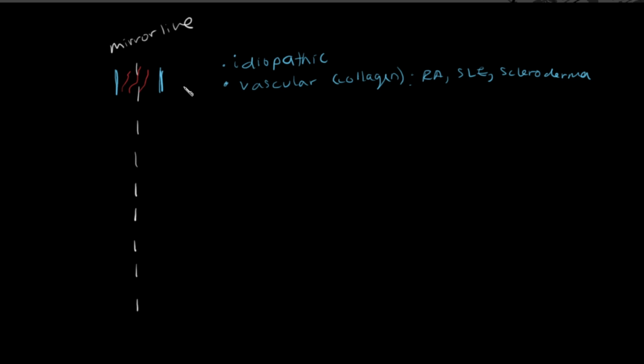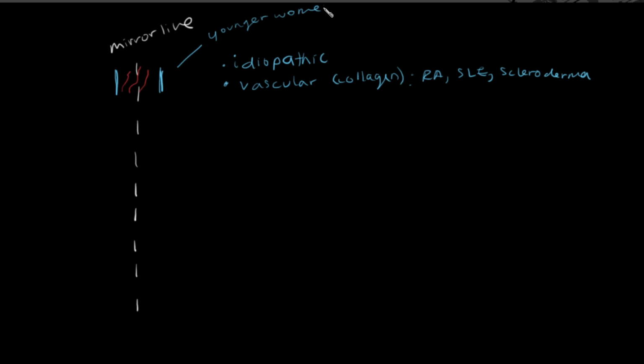Classification 1 pulmonary hypertension is usually the most common type for exams. It's often the most tested one, because it's got a little bit more to it than the other numbers. And classification 1 normally happens in younger women.